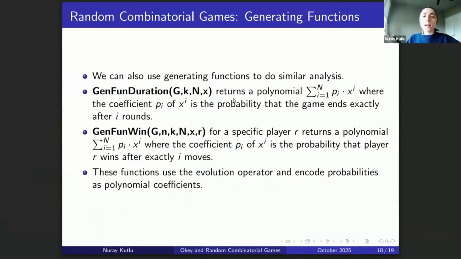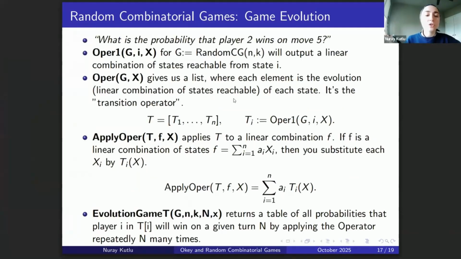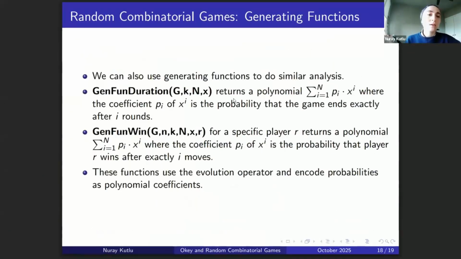Okay. Lastly, we can talk about generating functions. So we can use generating functions to do similar analysis of game evolution. Basically, I'm just using these evolution game functions to create these generating functions. Generating function duration returns this polynomial where the coefficient of x to the i is the probability that the game ends exactly after i rounds.